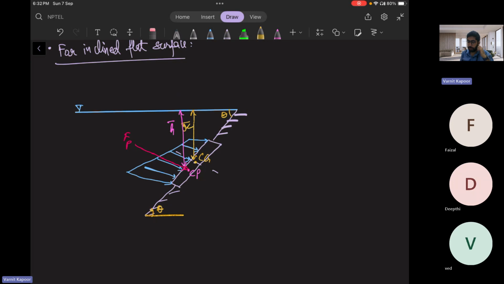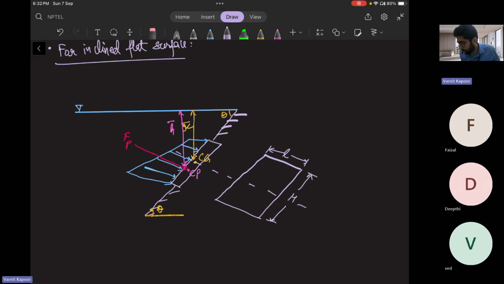Now I'm again drawing the isometric view of the plate to observe the forces. Suppose the height of this plate is h and the length is like this. The center of gravity will pass through like this, CG, and CP will be just below that.